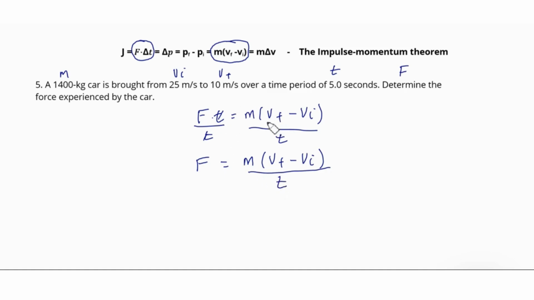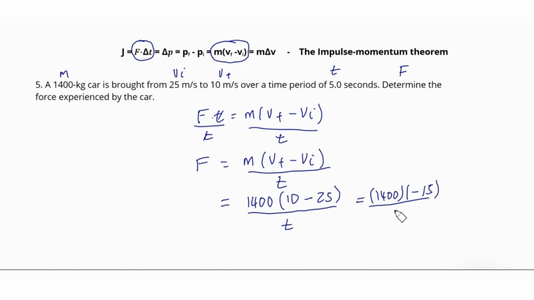Now we could put in variables first and then substitute the values and then solve for the variable, but it usually makes more sense as a preferred way to solve for the variable first before we substitute the values. And so that would be 1400 times VF, which is 10 minus 25, all over T. And so that gives me 1400 times negative 15 all divided by 5.